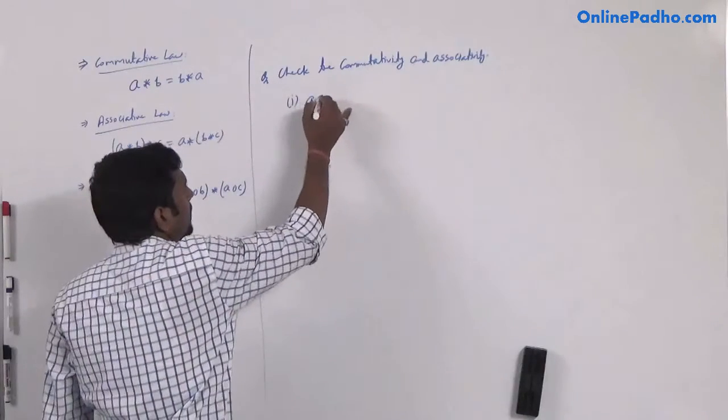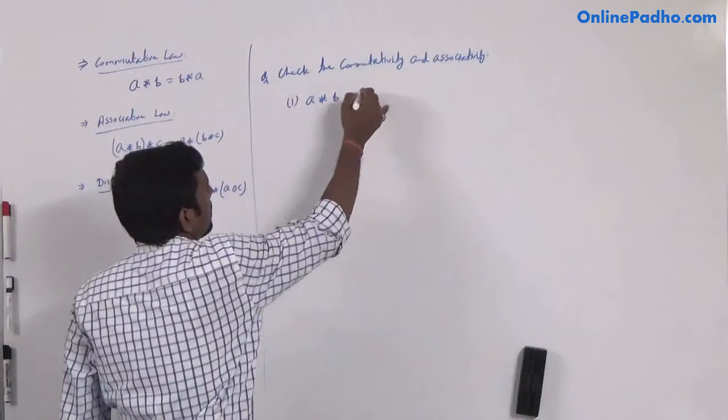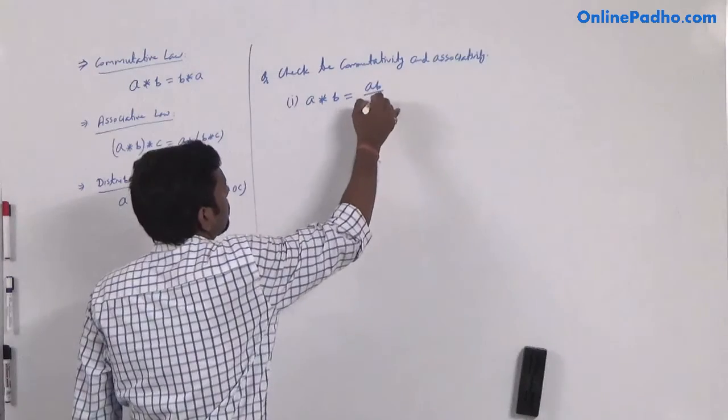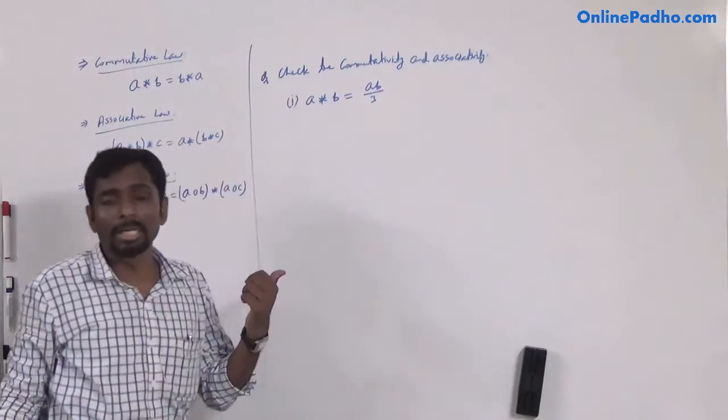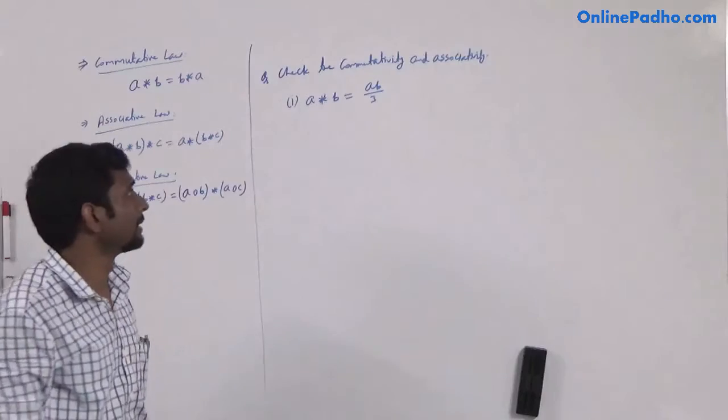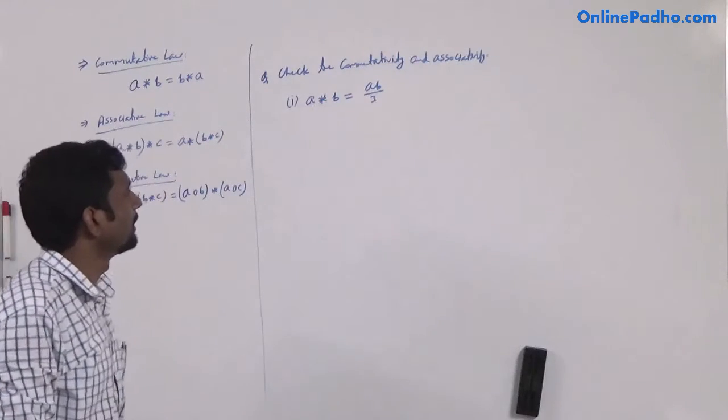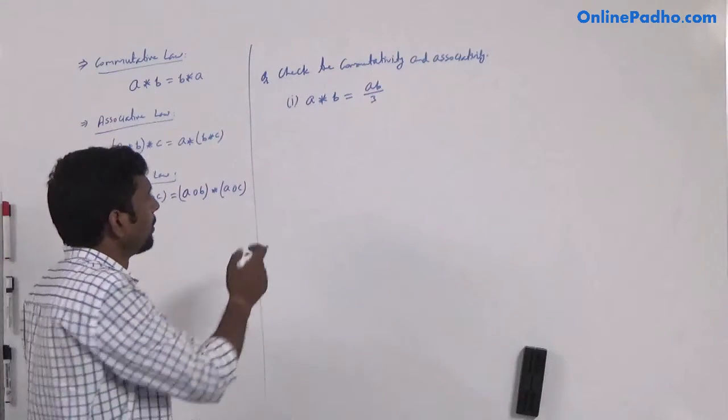First question: A star B is equal to AB by 3. This is the binary operation.